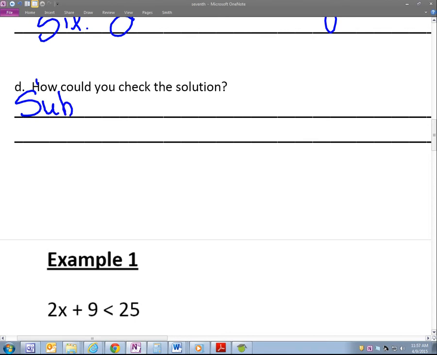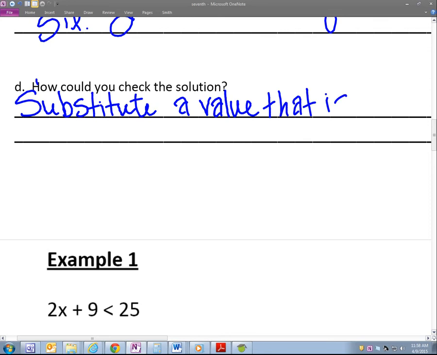Substitute a value that is less than -6.